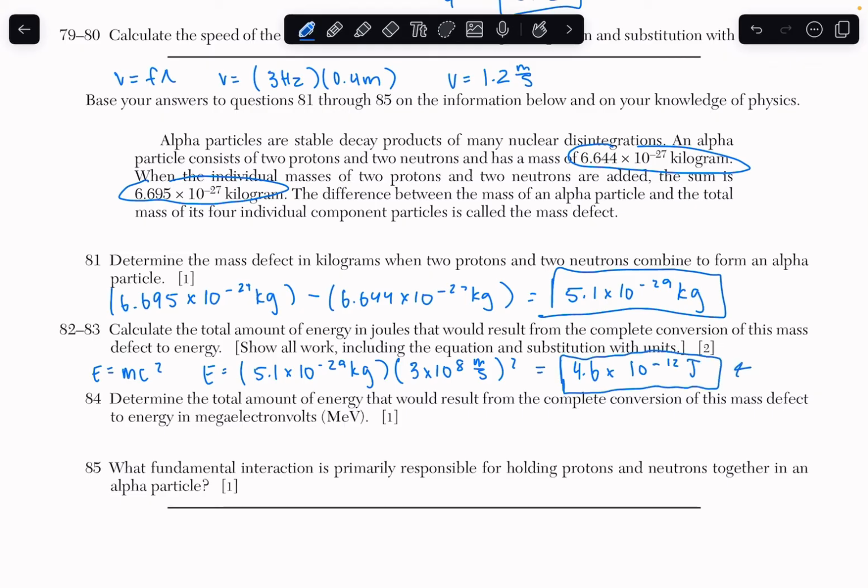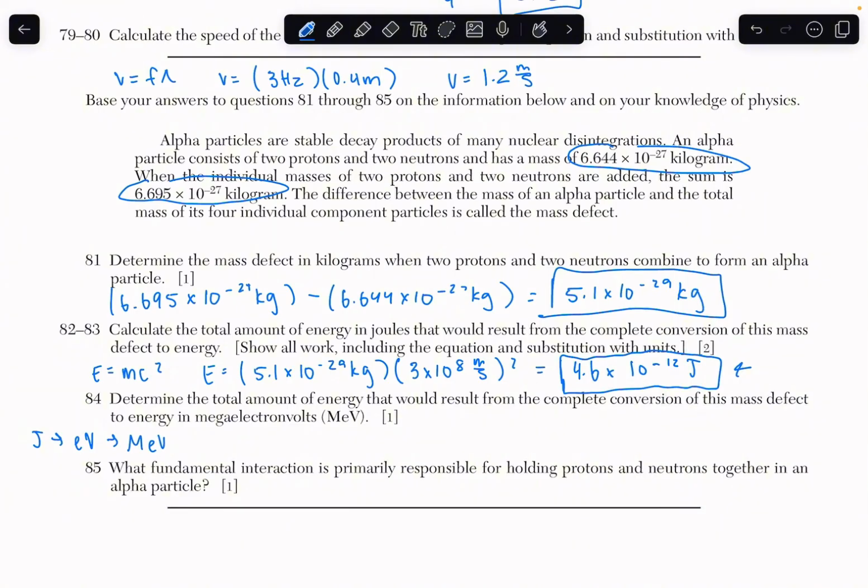Question 84: Determine the total amount of energy that would result from the complete conversion of this mass defect to energy in mega electron volts. Now we have to take the energy that we got in the last question and convert the unit into mega eV. We have to start at joules, then go to electron volts, and from electron volts go to mega electron volts.